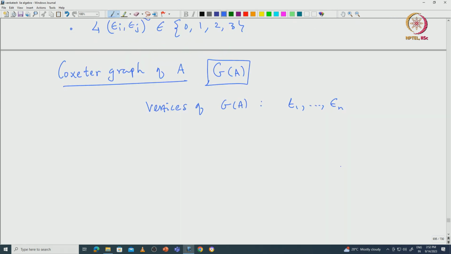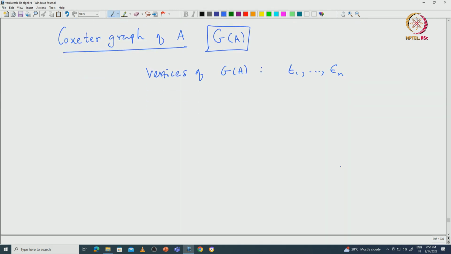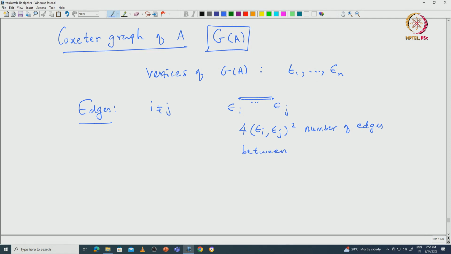Now you take two elements epsilon i and epsilon j with i not equal to j, and draw 4 times the inner product of epsilon i and epsilon j, squared, number of edges between epsilon i and epsilon j.